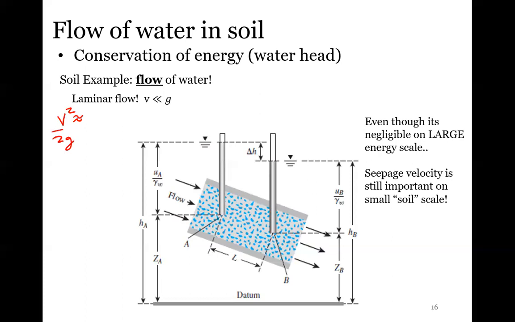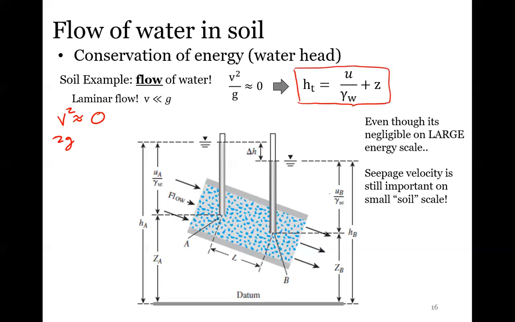Let's pretend that's a fraction that goes to 0. So our Bernoulli equation for flow of water in soil is only 2 terms. So now we have our pressure head plus our elevation. So that's nice.